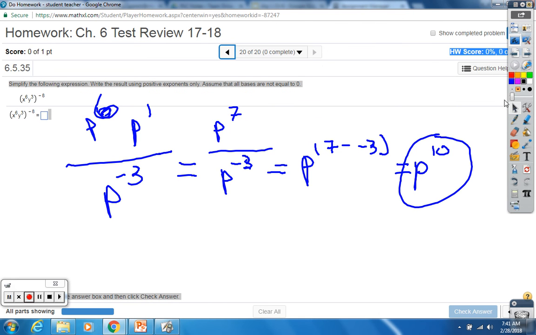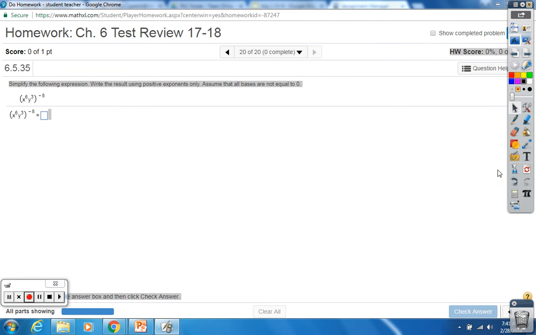So let's go on to the last one here. Alright, so we got x to the 6th, y to the 3rd, and all of that's in parentheses, and we have all of that to the negative 8. The first thing I would do here is change this negative exponent into a positive exponent.